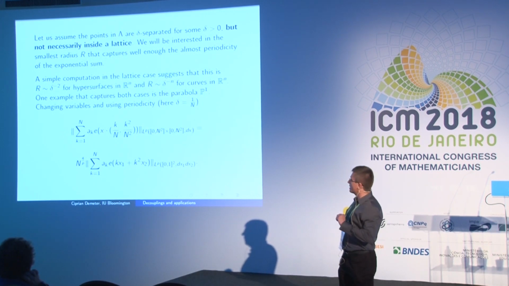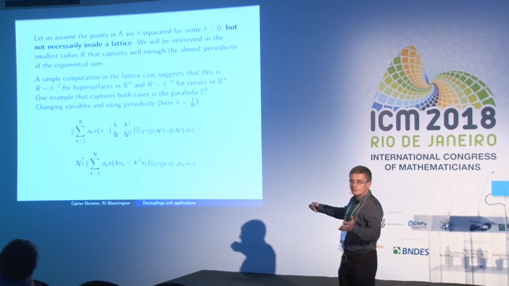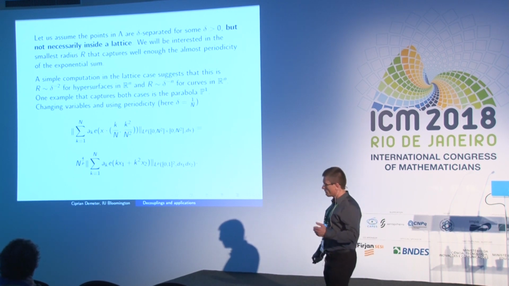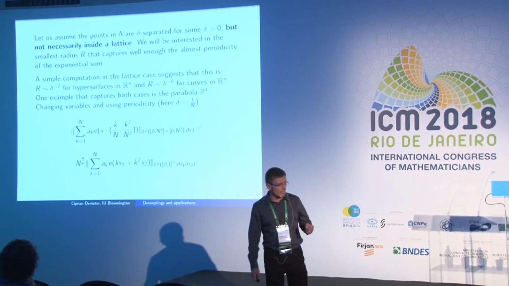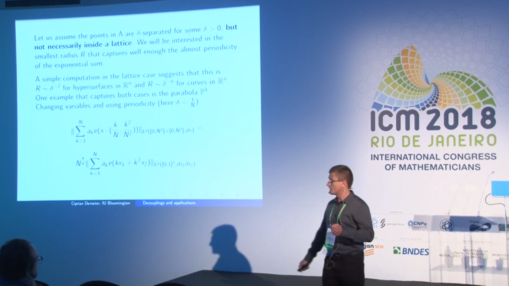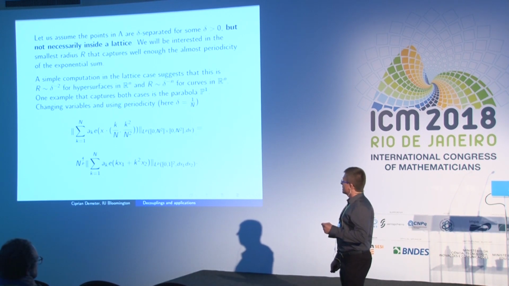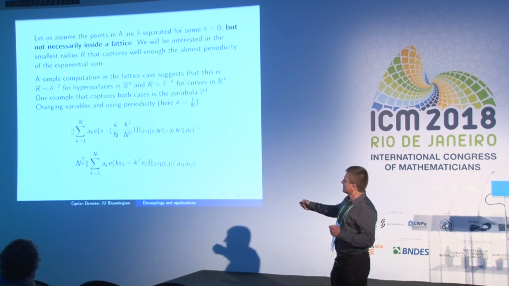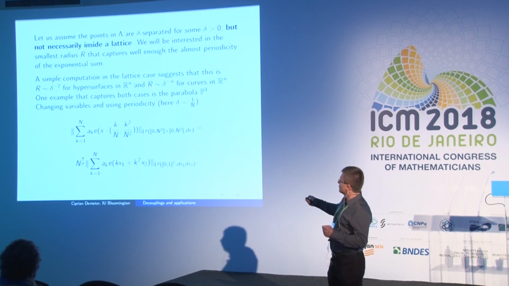You could move this square around, and n squared here is needed essentially in a naive fashion because of this n squared here. And you can play this game even in your head for the moment curve in higher dimensions and so on. So for hypersurfaces it's going to be delta to the minus 2, for curves delta to the minus n.